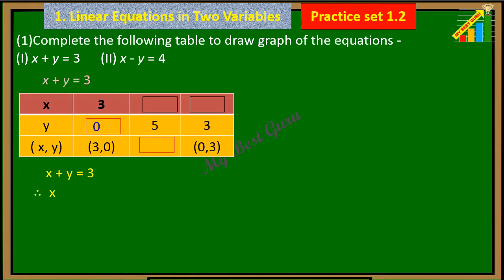As the value of y is given, it is 5. So we will put 5 in the place of y. x is equal to 3 minus 5. So 3 minus 5 is equal to minus 2. This is the solution for the second part. So we got the value of x is equal to minus 2. So the coordinates are minus 2 comma 5.